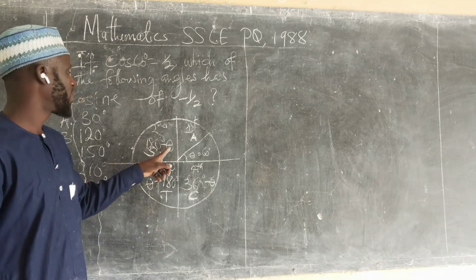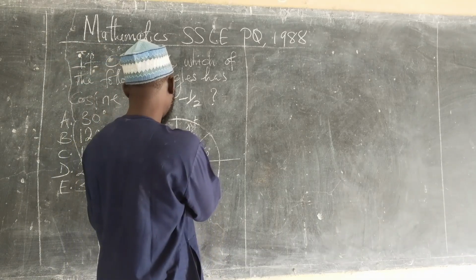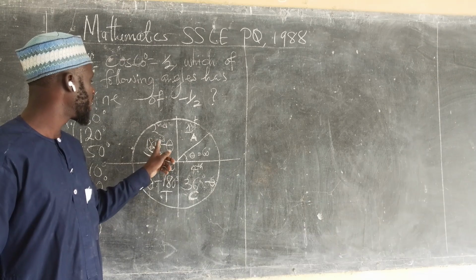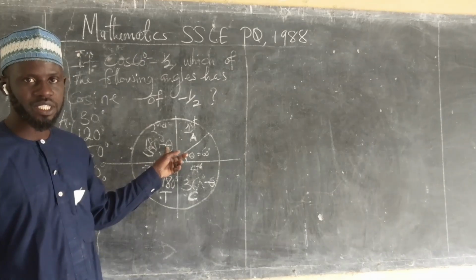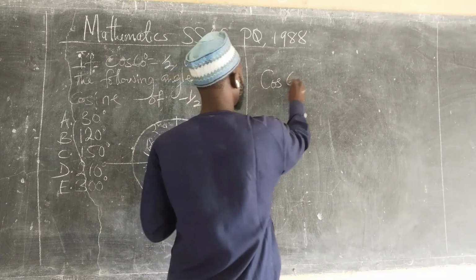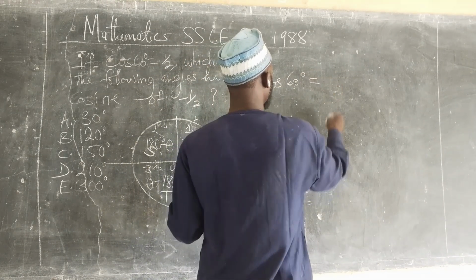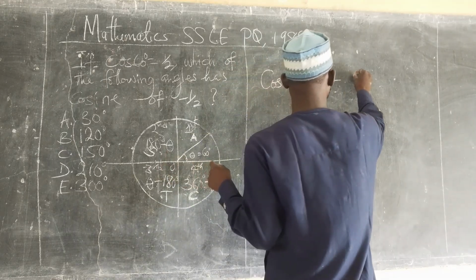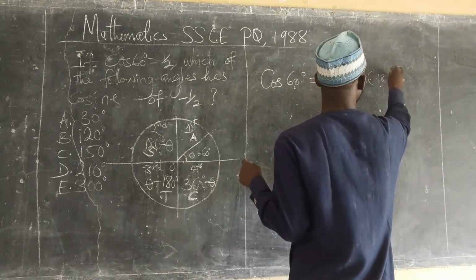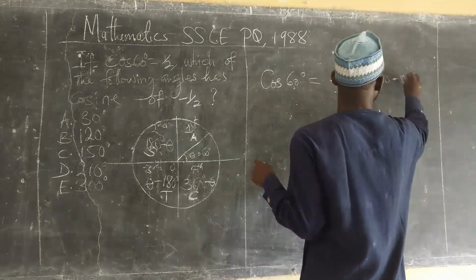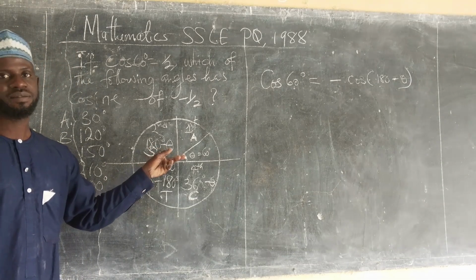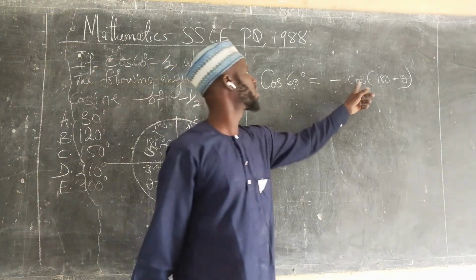So we have cos 60 degrees will be equal to minus cos of 180 minus theta, because definitely the cosine of the angle here will be negative, and that is why we have minus.